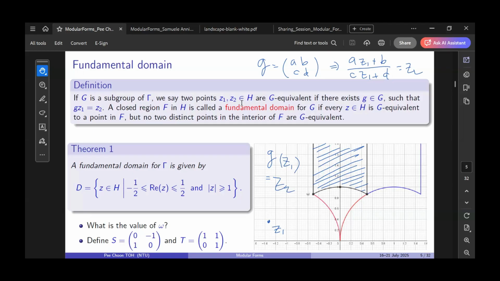On the other hand, for any two points in this fundamental domain, so if this is Z1 and this is Z2, we cannot find any G such that G Z1 is equal to Z2.